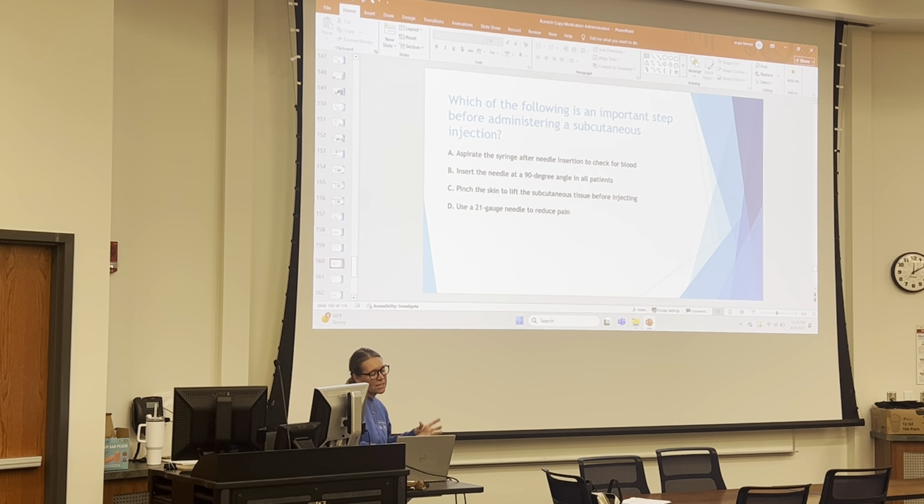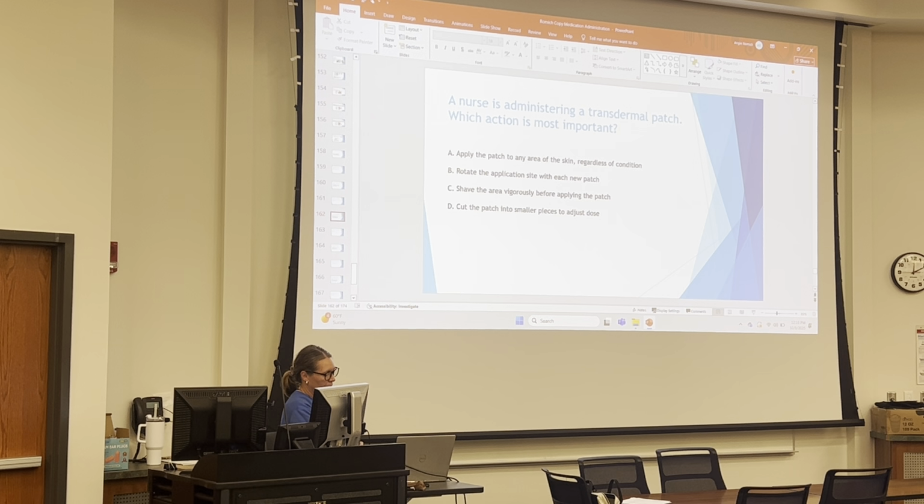So it's just pinch the skin to lift the subcutaneous tissue. So your best answer should be B, rotate the application site with each new patch.